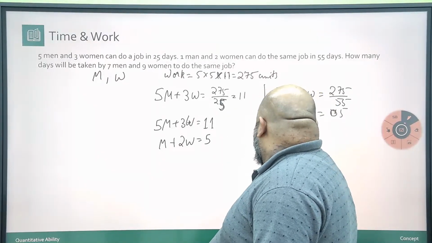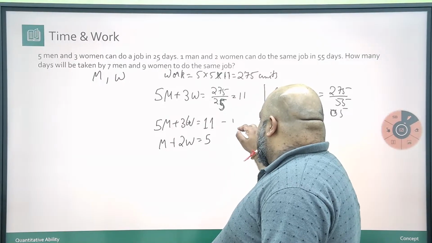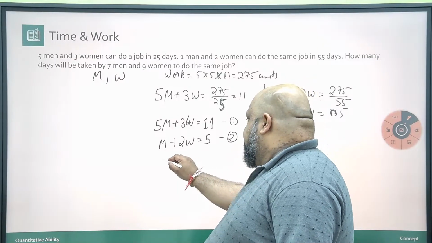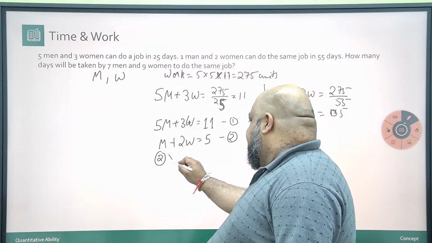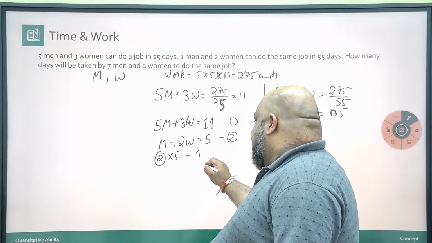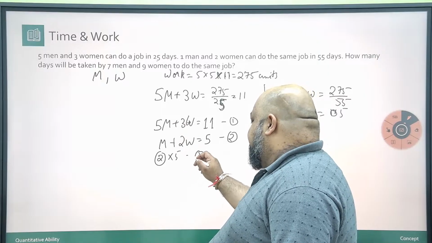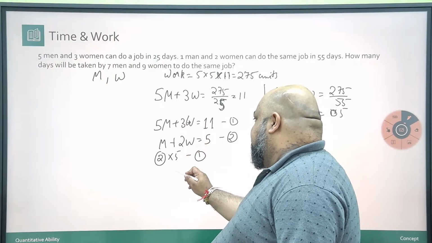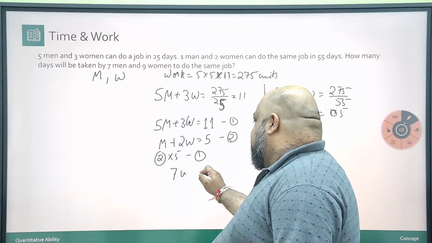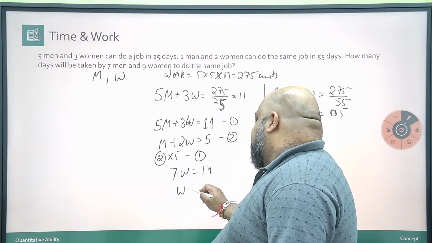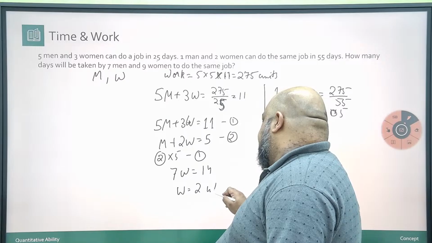So what can we do? Suppose this is equation 1, this is equation 2. We multiplied equation 2 by 5 and subtracted 1 from it. 5m minus 5m gone. 10w minus 3w, 7w. 25 minus 11, 14. So w comes out to 2 units per day.